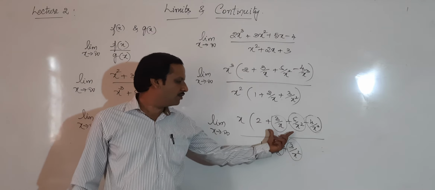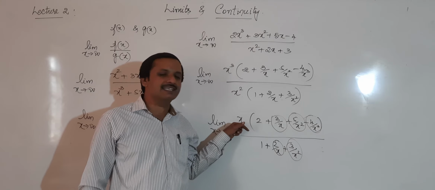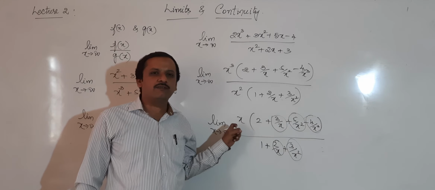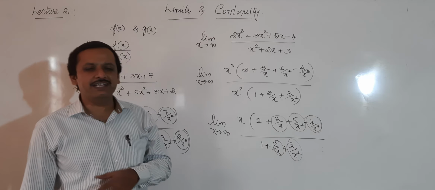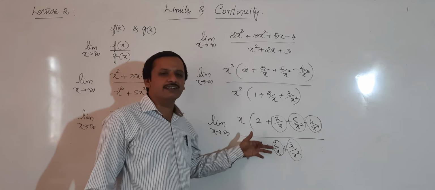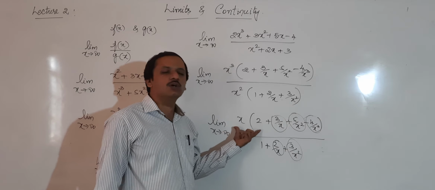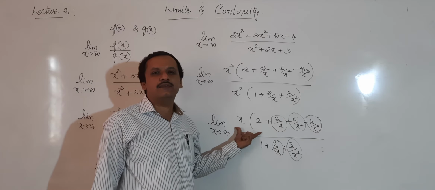So here you have 2, here you have 1, and what happens to this x? That will tend to infinity. So then what happens? Infinity into 2, what do you get? You don't get 2 infinity, you will get infinity. Infinity is such a huge number that if I multiply by anything or add anything, it will still be infinity. So this value will be equal to infinity.